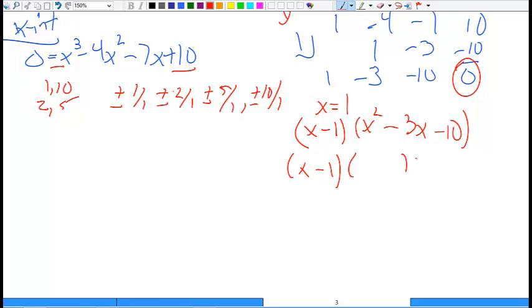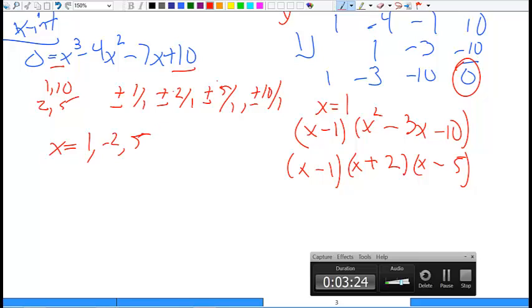We know lots of stuff about quadratics, so that looks pretty factorable. x and x, 5 and 2. 5 needs to be minus and the 2 needs to be plus. Okay, so that's our factored form. And so our roots then would be 1, negative 2, and positive 5.